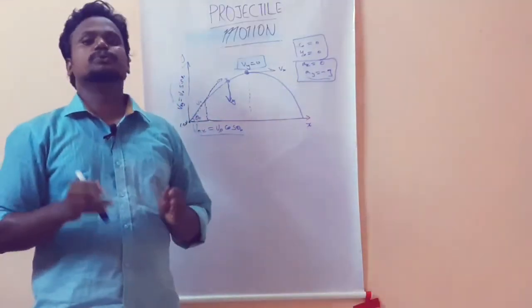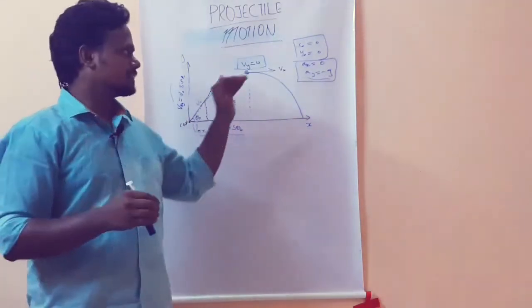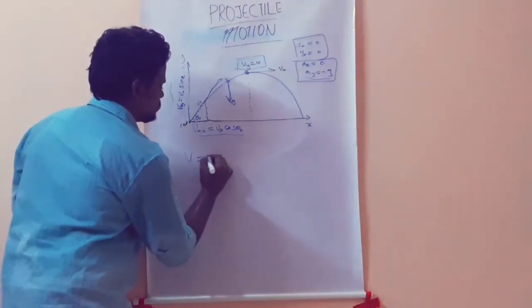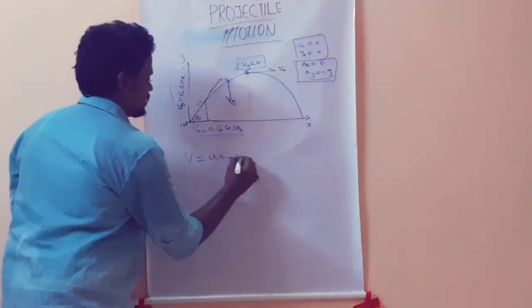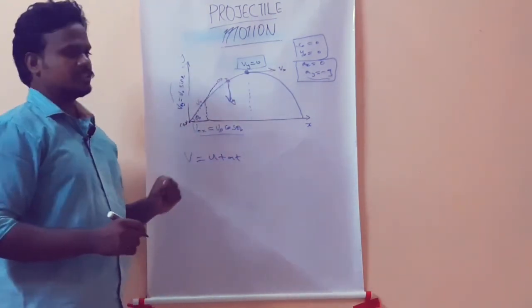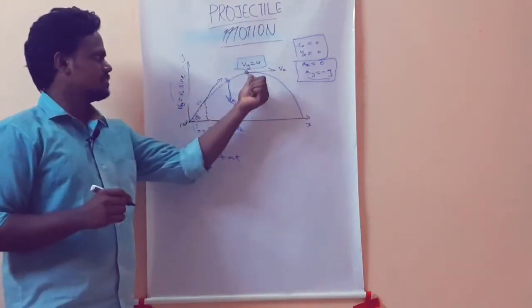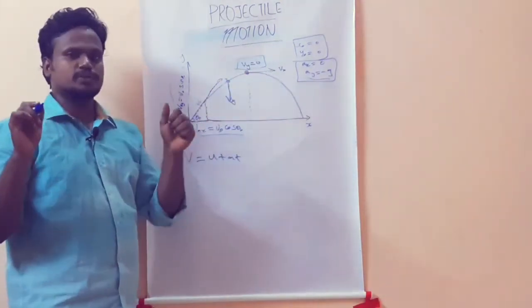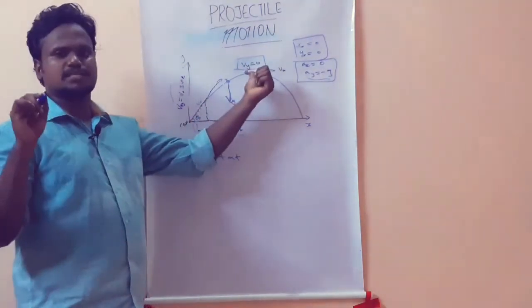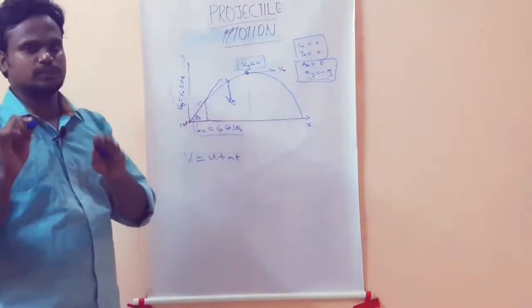Now, we are going to find the time taken to reach the maximum height using the relation v equal to u plus at. Here, we are going to consider the y component of velocity. The y component of velocity at maximum height Vy equal to 0. Therefore, the final velocity at maximum height is going to be 0.